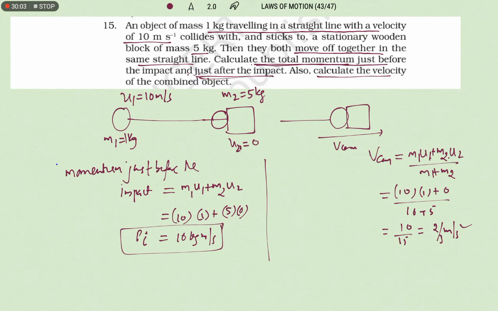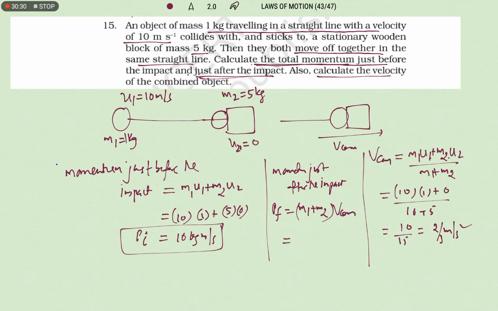Next, momentum just after the impact. After the impact, both the bodies move together. That's why P final equals m1 plus m2 into v common, because they are moving with a common velocity.